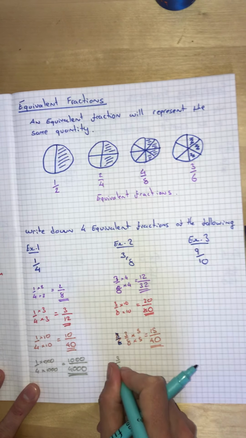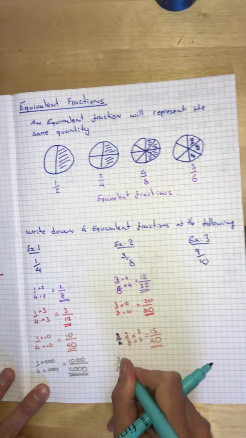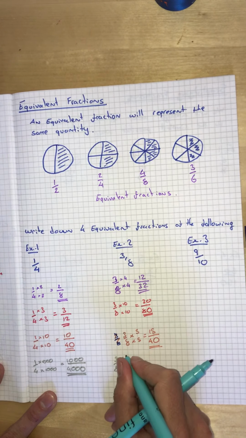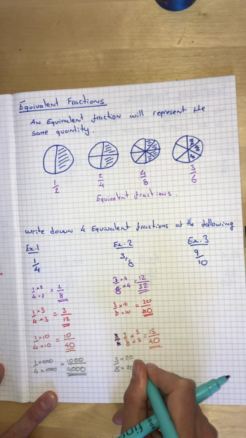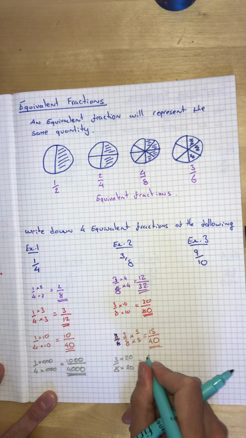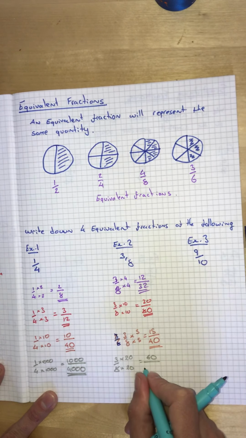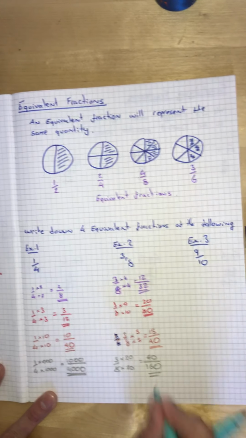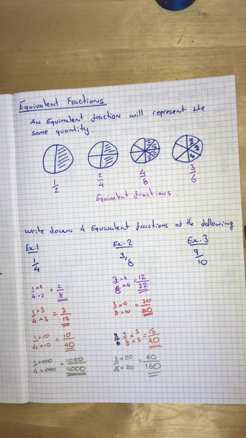Let's take 3/8 and multiply the top and the bottom by 20. 3 times 20, so we do 3 times 2 is 6, times it by 10, we get 60. 8 times 20 is 160, so there is yet another equivalent fraction. So you can be multiplying it by anything. As long as you do it to the top and the bottom, you're going to have an equivalent fraction.